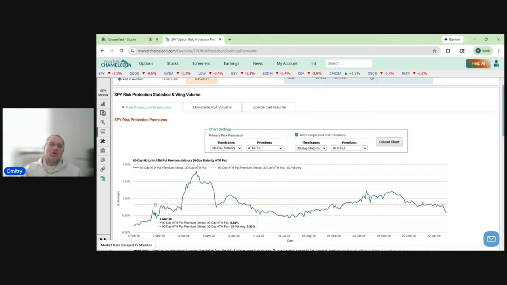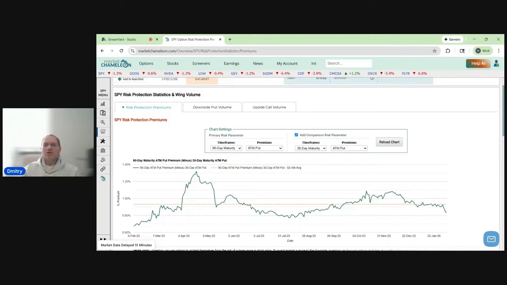So we could see how high the difference got and how low it got, and this gives us a visual of what a time spread would cost if we created a 90-day, 30-day index.